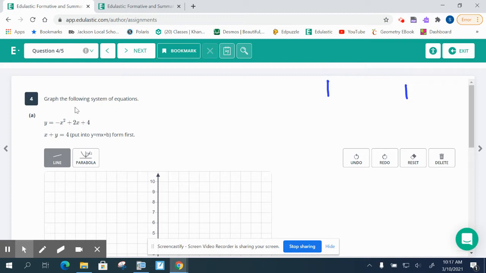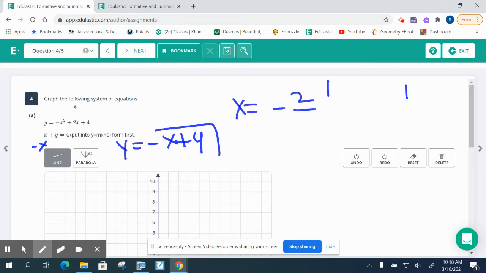All right, so for 4, you're going to want to subtract the x over to get it to be y equals. So it'd be y equals negative x plus 4. When you do your negative b over 2a, you would get negative 2 over 2 times negative 1, which ends up being positive 1.